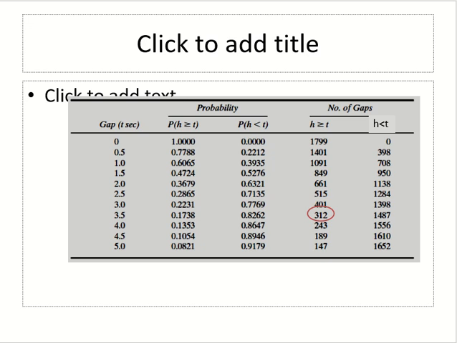Here are the probabilities and here are the numbers. To have a gap of 0 or more, obviously 0 is the minimum value, so all values are more than 0, probability is 1.